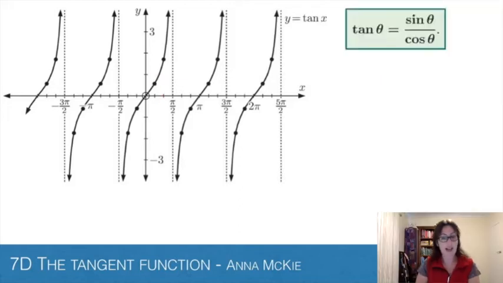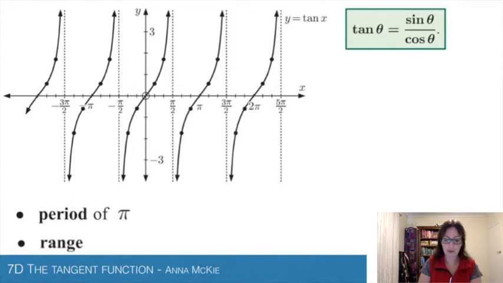Some facts about tan, just a refresher: it's sine on cos. And the period: at what point does it repeat itself? It's different to the sine and the cos ones. It has a period of pi as opposed to 2 pi. The range, thinking about the y values that it can take, is any y values, as opposed to sine and cos, which traditionally range between 1 and -1.